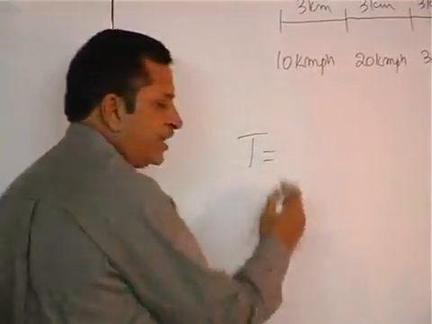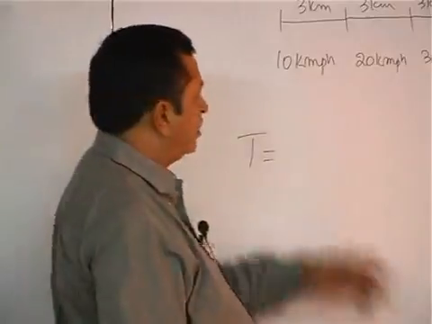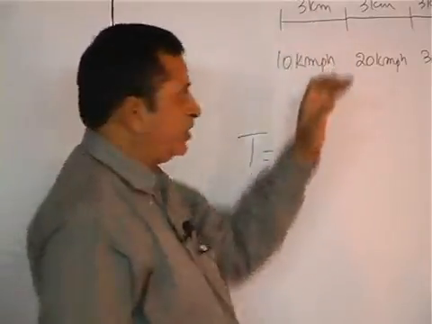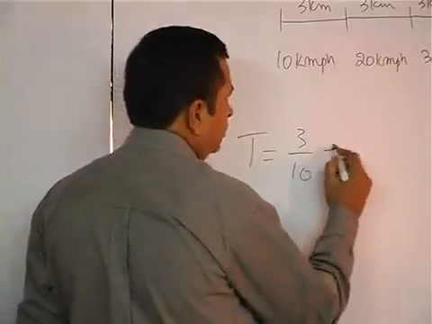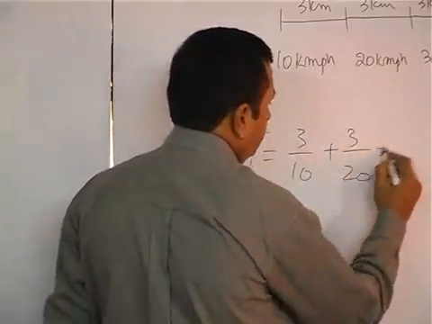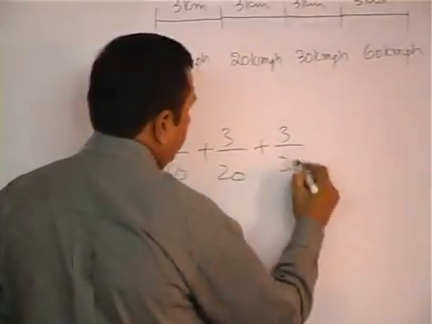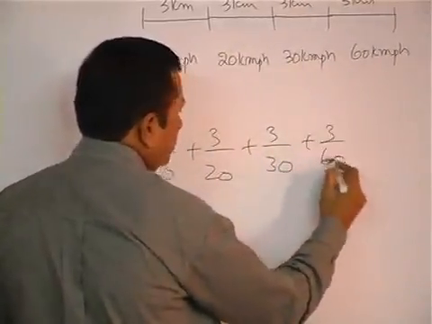What is the time formula? Distance by speed. So this distance, the time is 3 by 10 hours. Next 3 by 20 hours. 3 by 30 hours and 3 by 60 hours.